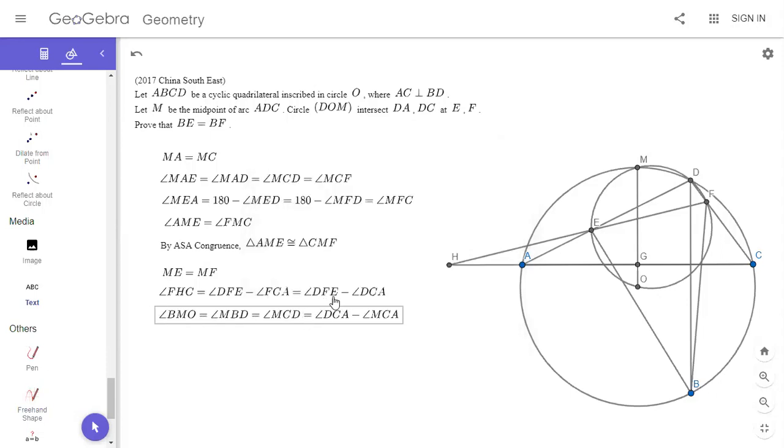Can we show that this is equal to this? That's the same as saying twice angle DCA is DFE plus MCA. So that means DCA is the average of MCA and DFE.